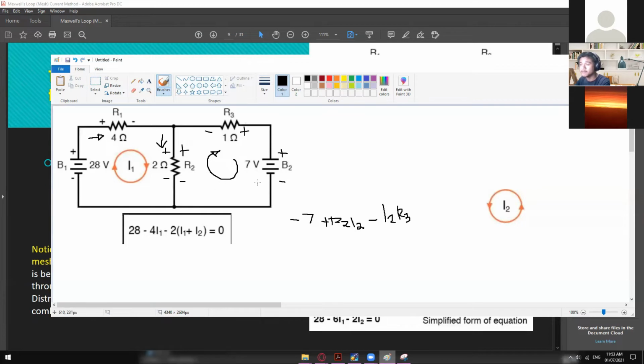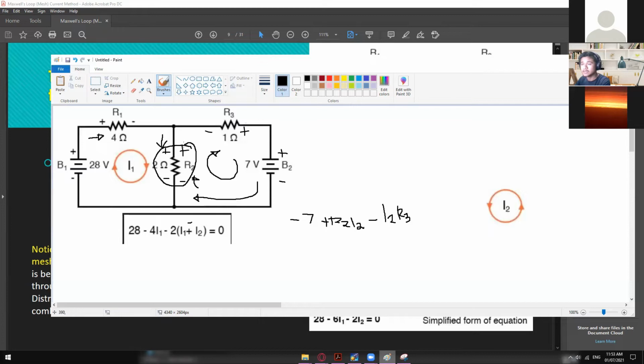However, the flow of current now is going right here. As you guys can see, we have the current that is flowing right here going down and then right here going up. So if we have this kind of scenario, then this one now will become negative since it's now negating the value of your I1. So they will not be added with each other anymore. To avoid confusion, you have to disregard this one.